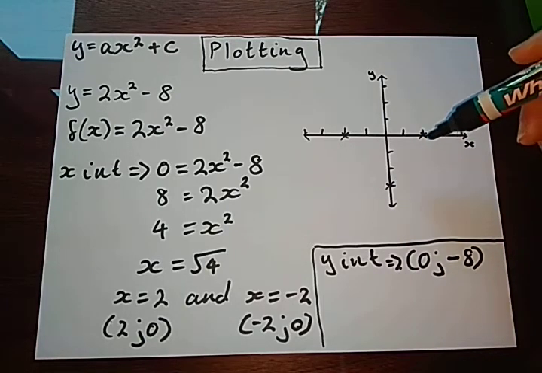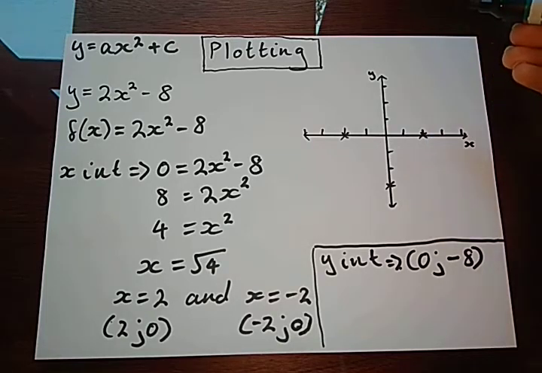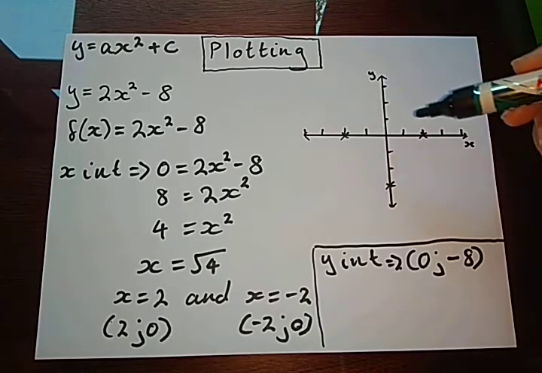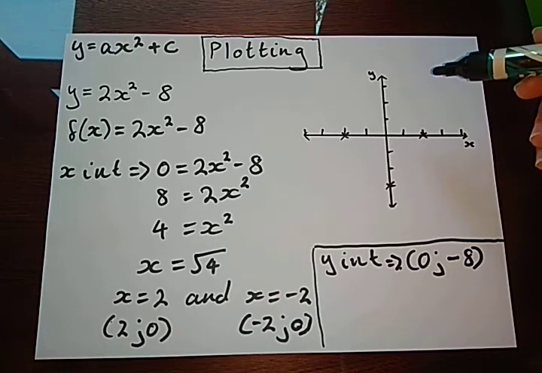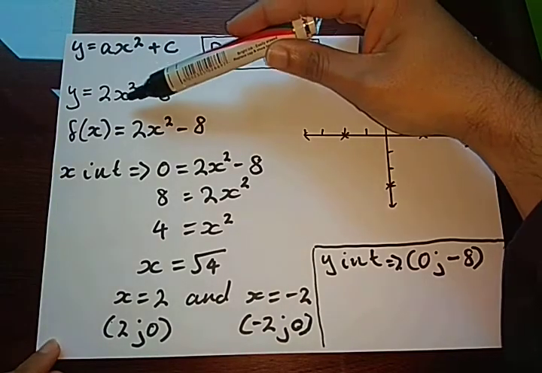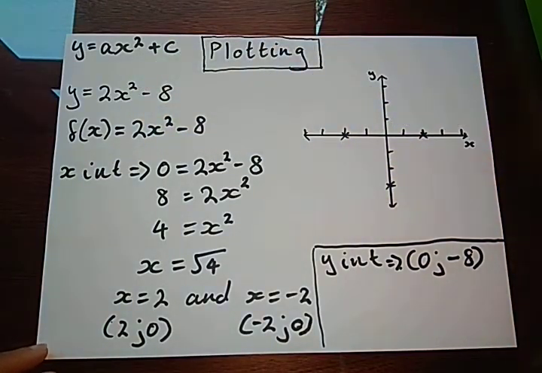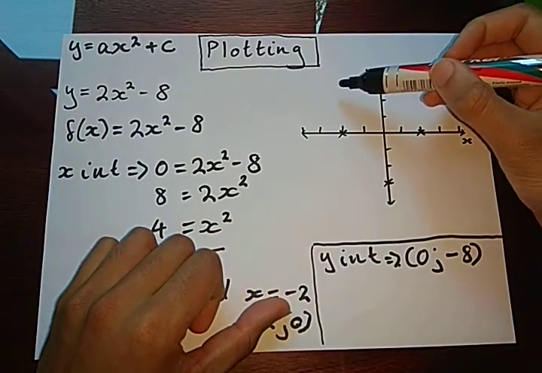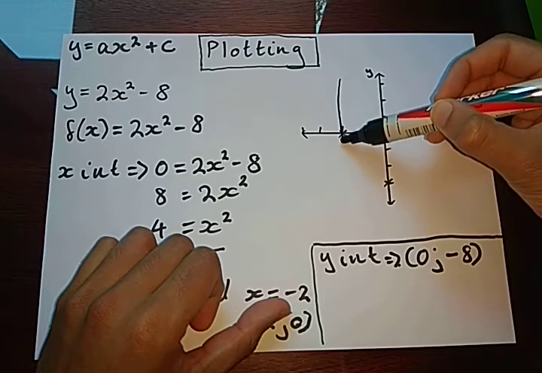Now the parabola is a bit tricky to plot because it's a curve, and it's not as easy as a straight line where you would just use your ruler. So you could plot a whole bunch of other points to make it a bit more accurate. We could start subbing in random values for x to get a better idea of what this curve actually looks like. But for the most part, I'm just going to try my best to plot this, and our parabola will look something like this.